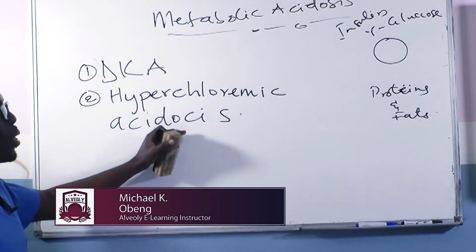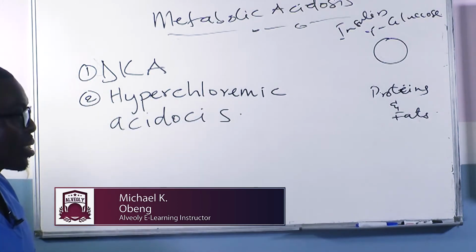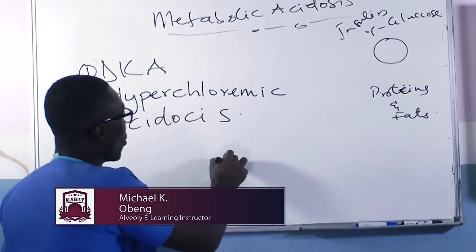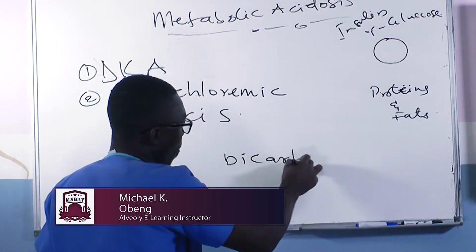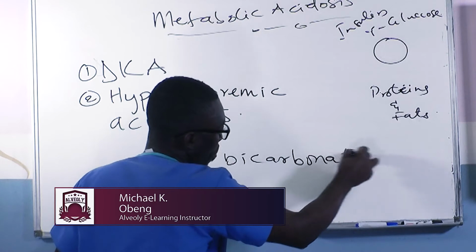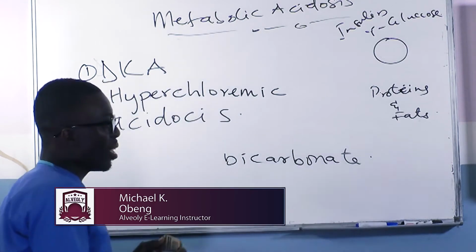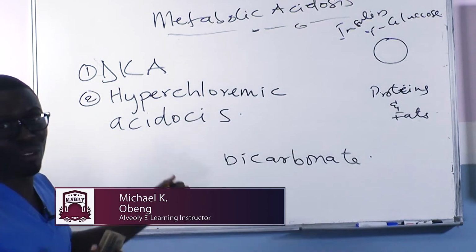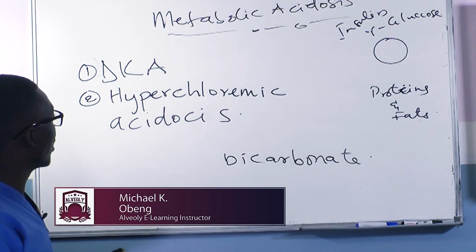So with hyperchloremic acidosis, what usually occurs is that there's a chemical known as bicarbonate. And this bicarbonate helps when you are having too much acid in the body.